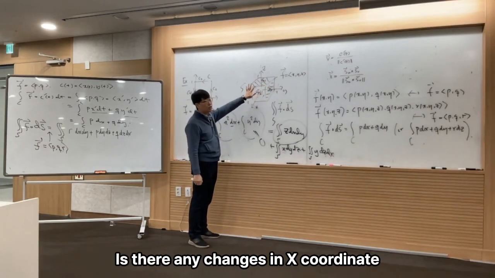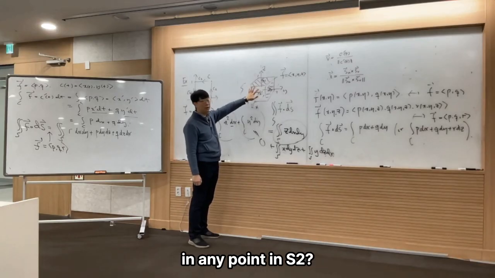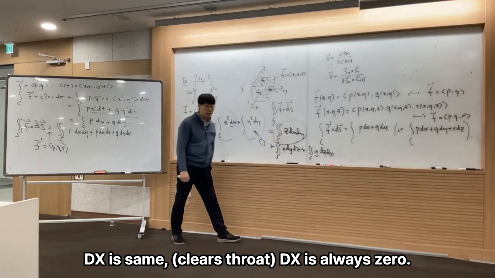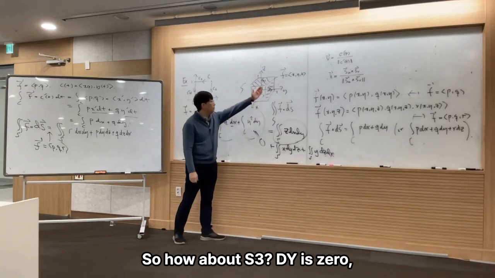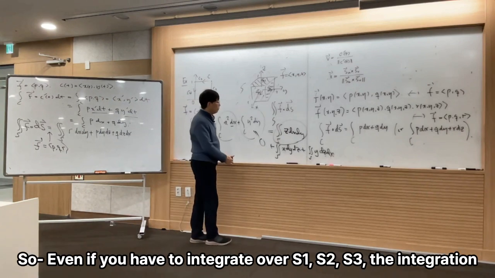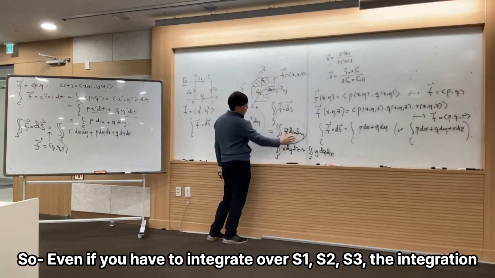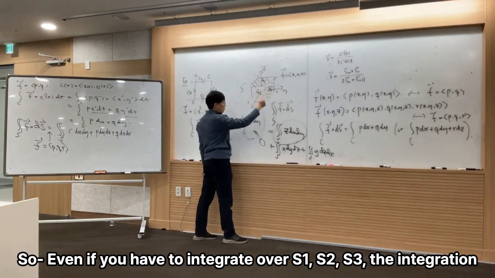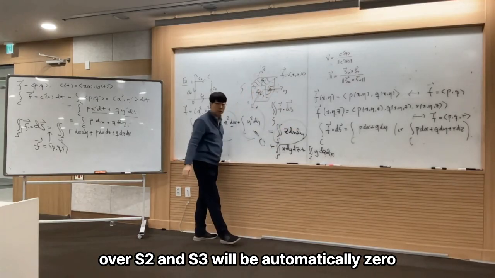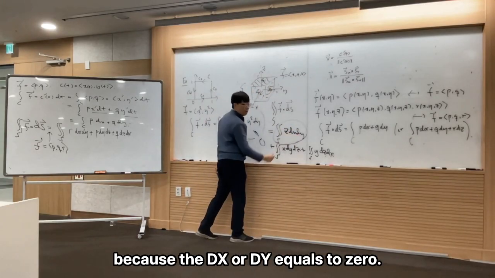Is there any change in the x coordinate at any point in S2? No, because the value of the x coordinate is always the same. dx is always 0. How about S3? dy is 0 because there's no change in the y coordinate. So even if you integrate over S1, S2, S3, the integration over S2 and S3 will automatically be 0 because dx or dy equals 0.